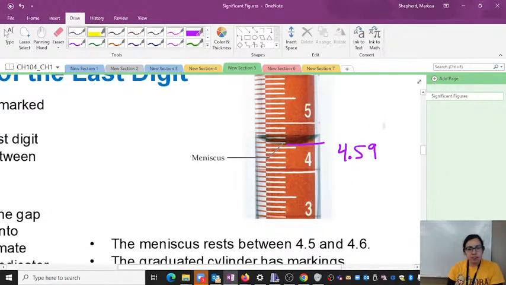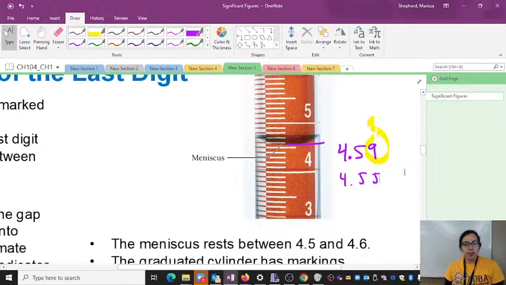But then this is your last digit, so you have uncertainty there. And that's fine, everyone is going to have different answers. Someone could disagree, you think it's 4.55, whatever. But the point of significant figures is that we have 3 sig figs with this measurement.